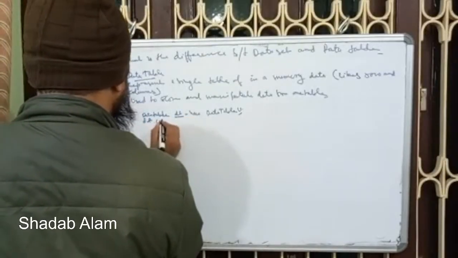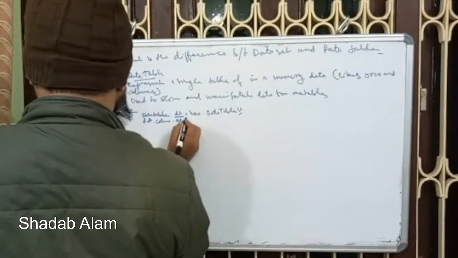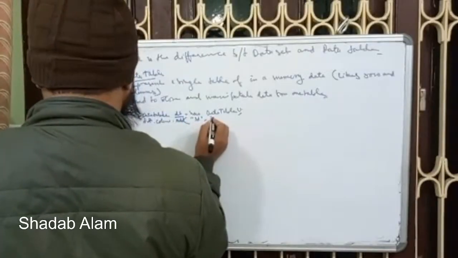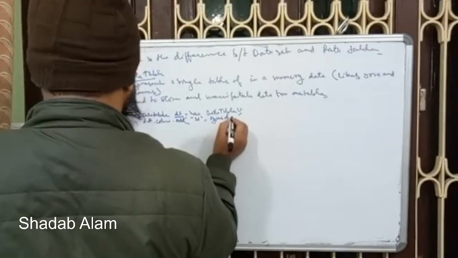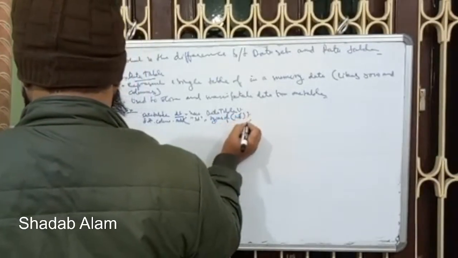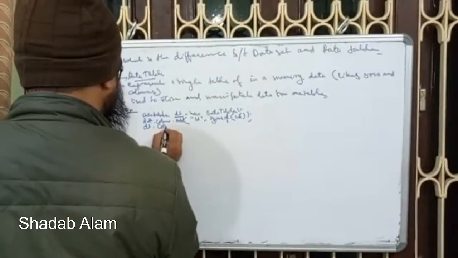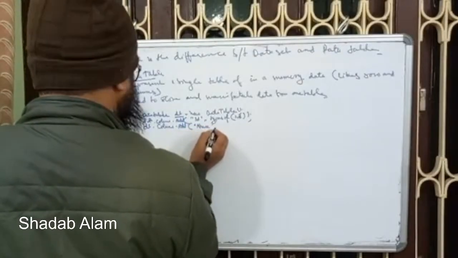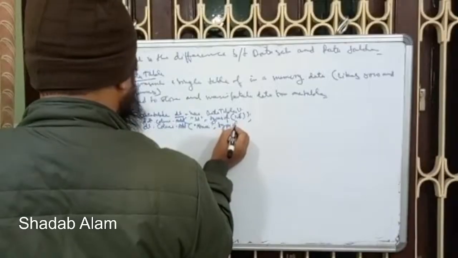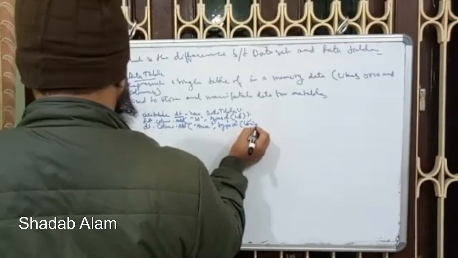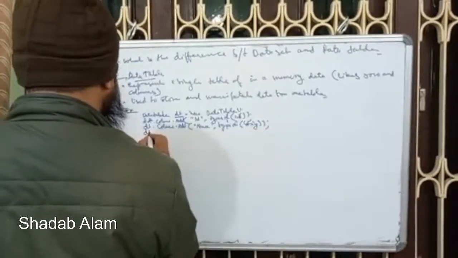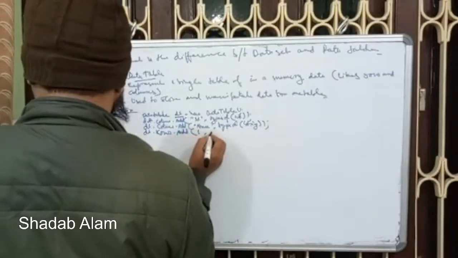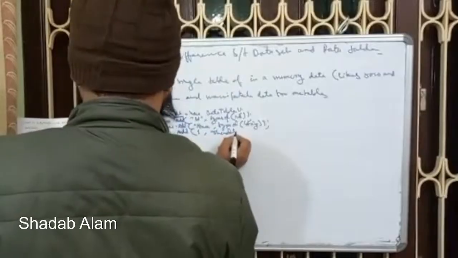Then dt.Columns.Add id, typeof int. Then dt.Columns.Add name, typeof string. Then dt.Rows.Add 1, then shutdown.